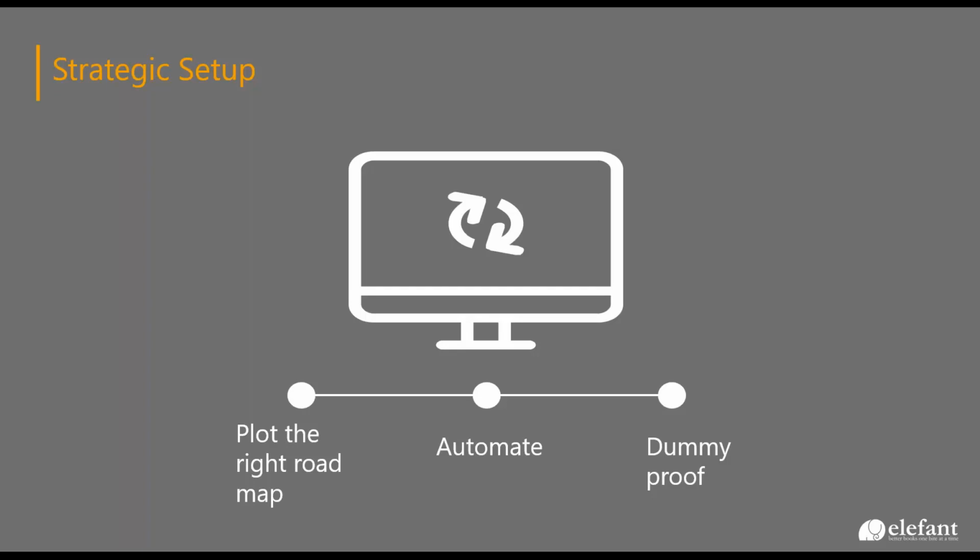and why it's important. The first reason that we focus on setup from a strategic perspective is that we want to plot the right roadmap for our clients. So when we are creating a Xero file or Xero organization, we want to be thoughtful about the way we structure the system.